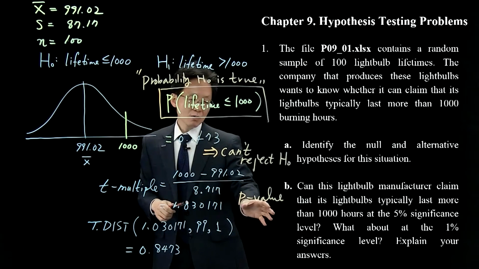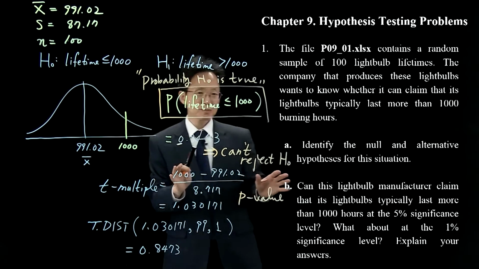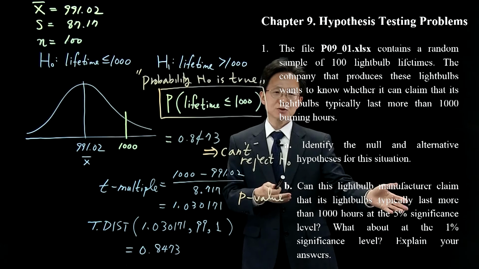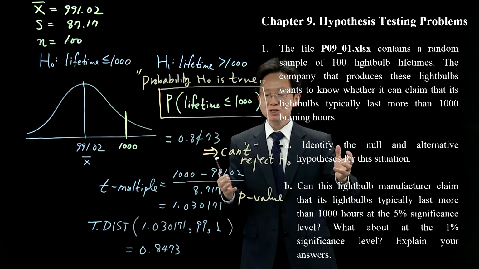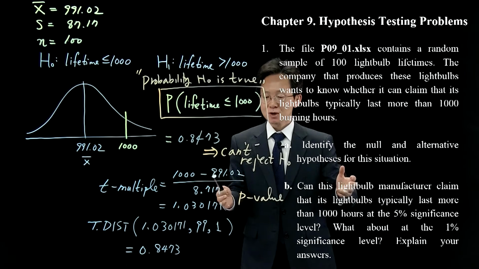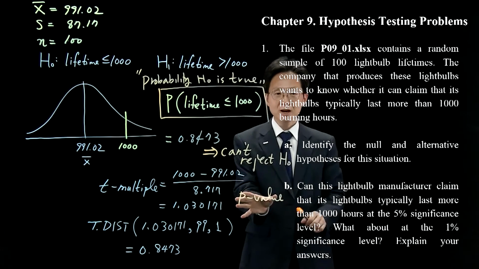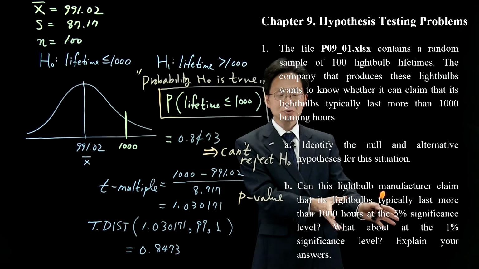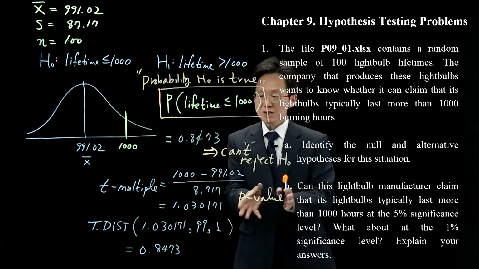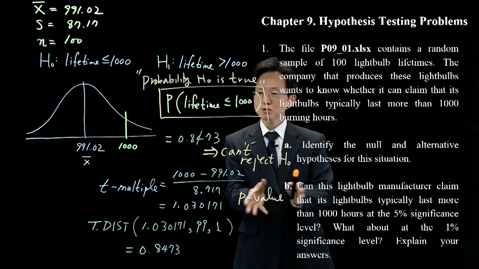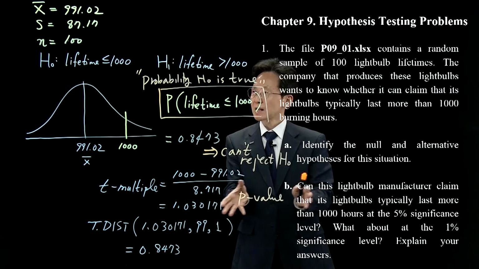And in order to determine whether at a certain significance level we can accept or cannot accept some hypothesis, we need to compare this p-value and the significance levels. But in this case, the p-value is so huge, we cannot reject the null hypothesis.